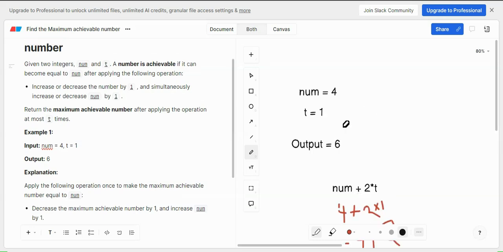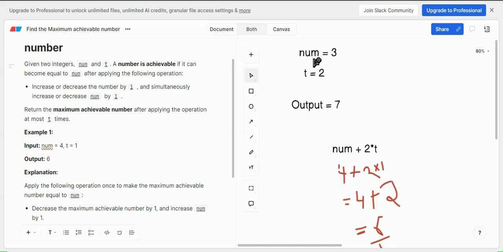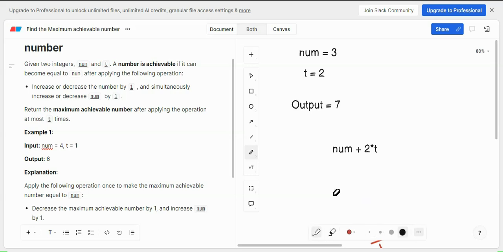Now let's look at another example to verify that our approach is correct. In the second test case, we are given num as 3 and the value of t is 2, and the output is 7. Let's substitute those values into the derived formula and check whether we get the desired output.